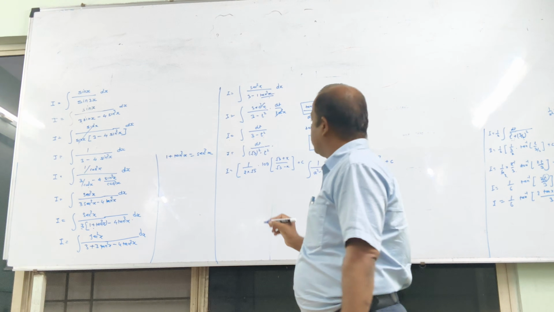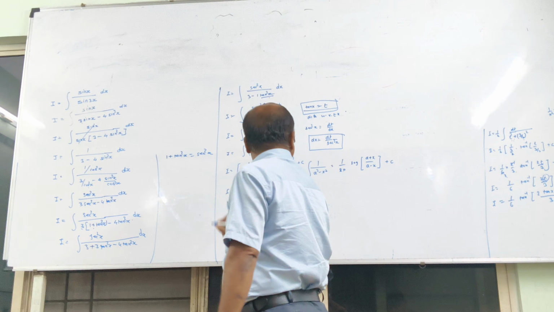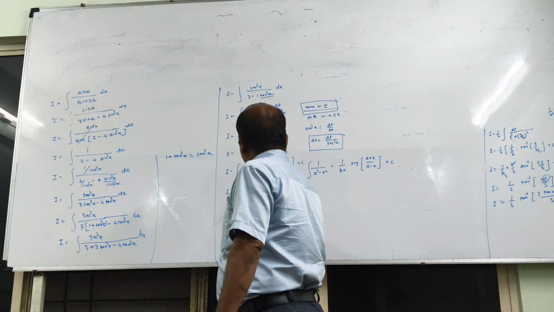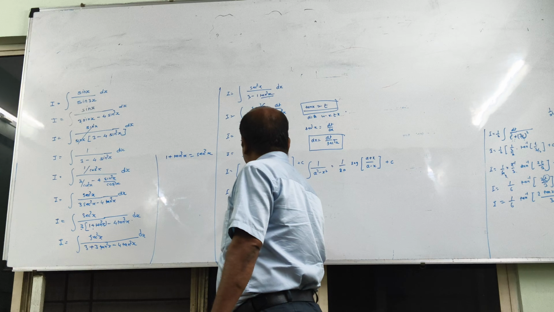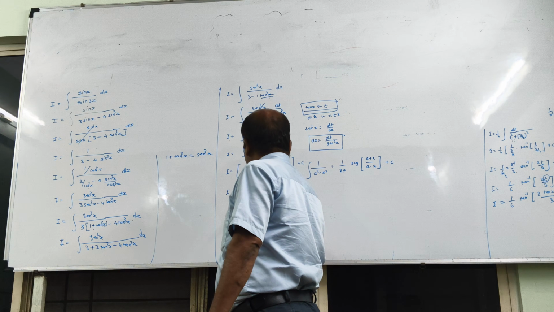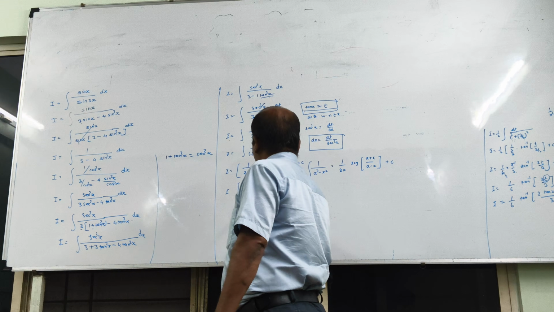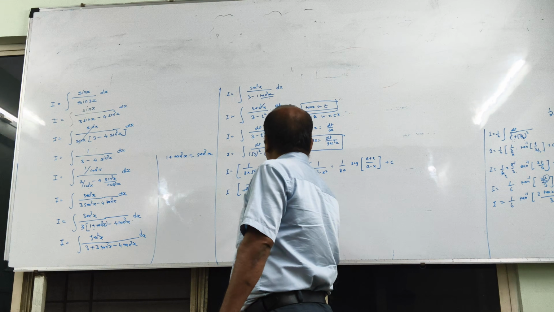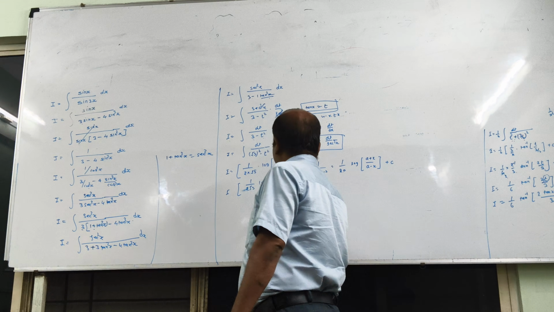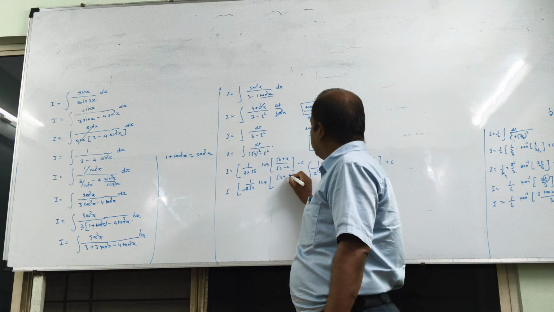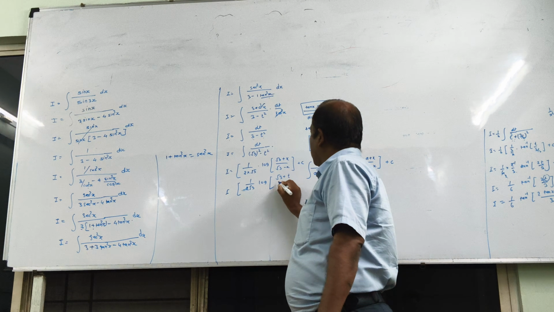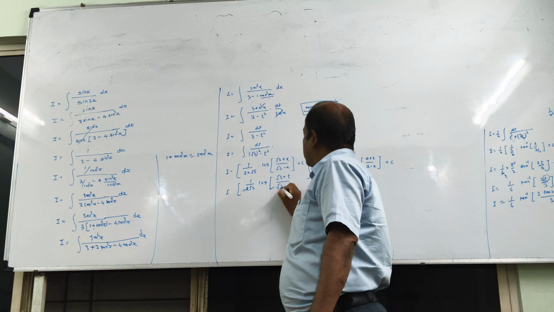So I equal to 1 upon 2 root 3 log of root 3 plus x upon root 3 minus x. x is nothing but t.